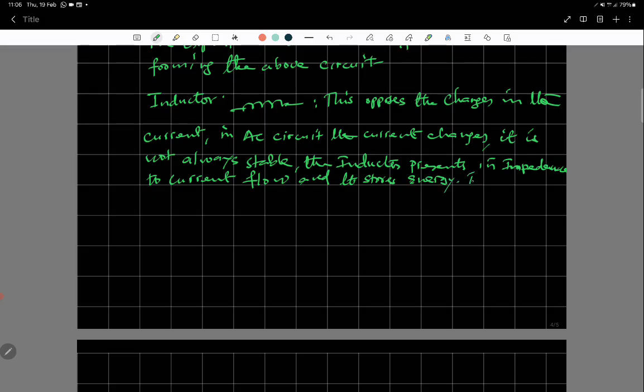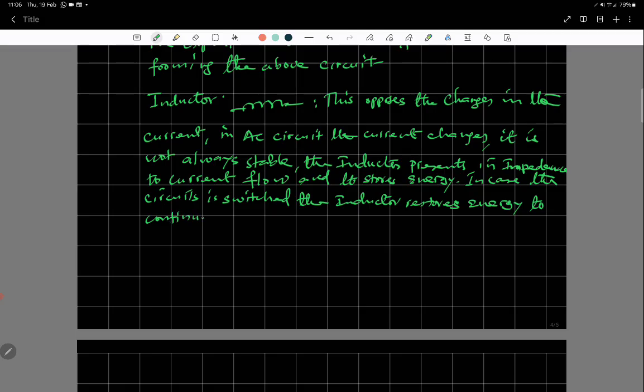Thus, in case the circuit is switched off, the inductor restores energy to continue the current flow in the circuit.